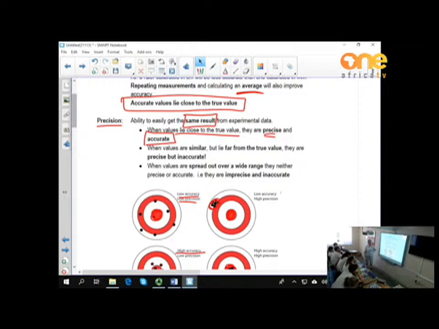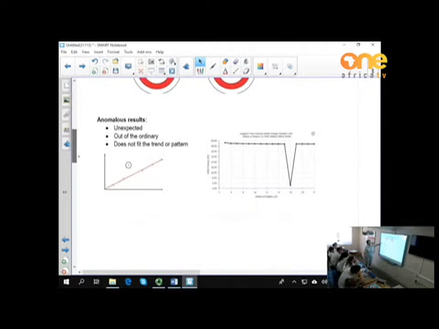When values are similar, but they lie far from the true value, our accuracy is low, but our precision is high. And when values are spread out all over the show, we did not work accurately and we did not work precisely. Our answers are not accurate and they are not precise.